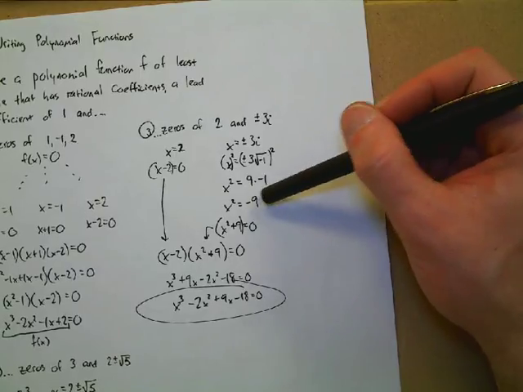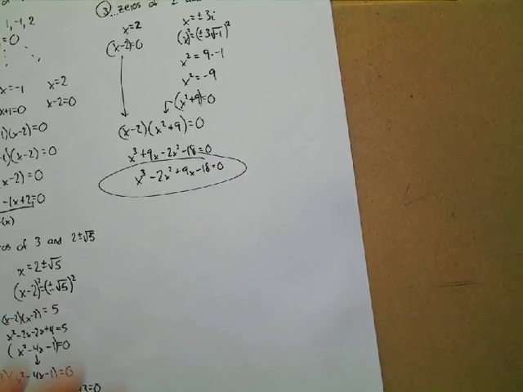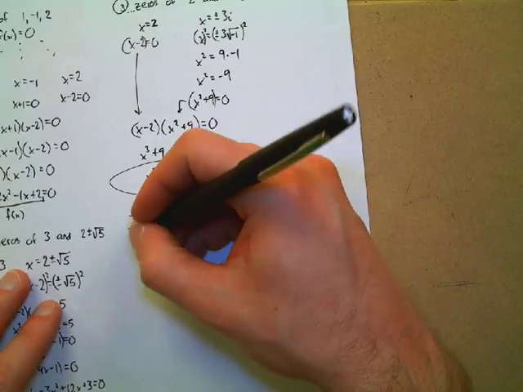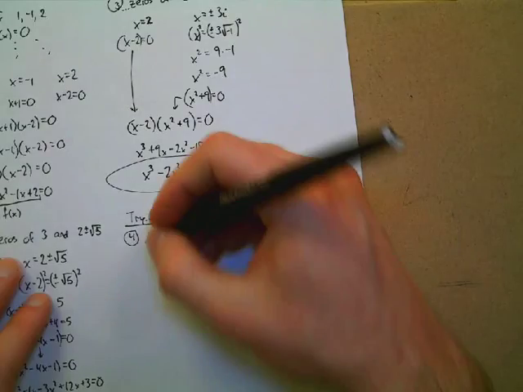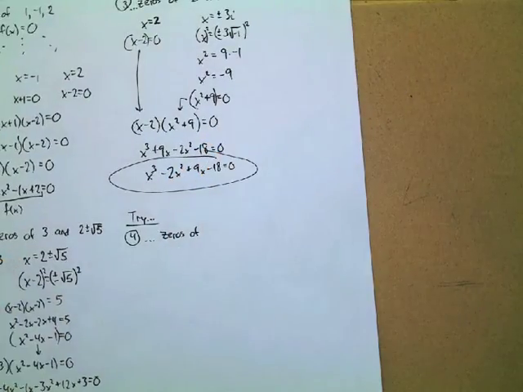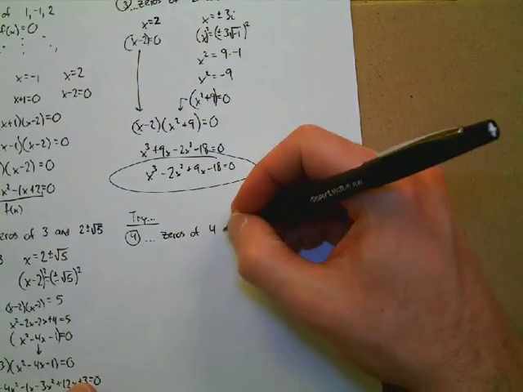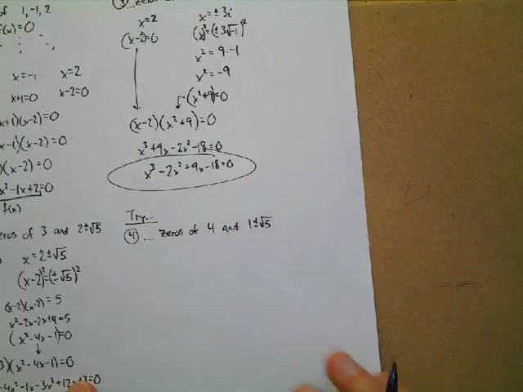All right, so here, you guys try this one. Zeros of 4 and 1 plus or minus the square root of 5. Come up with a polynomial function that has those zeros.